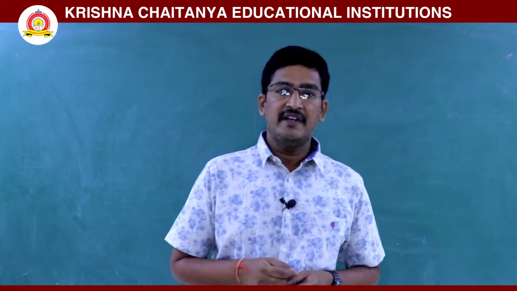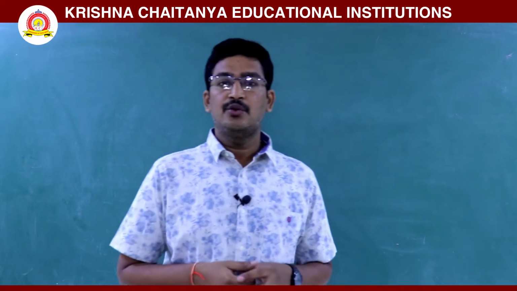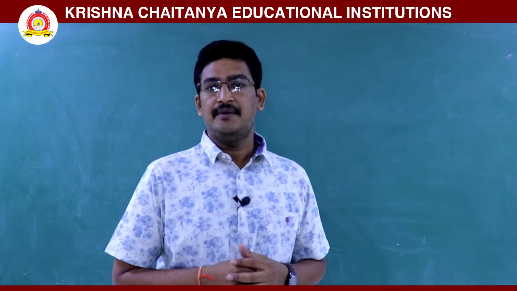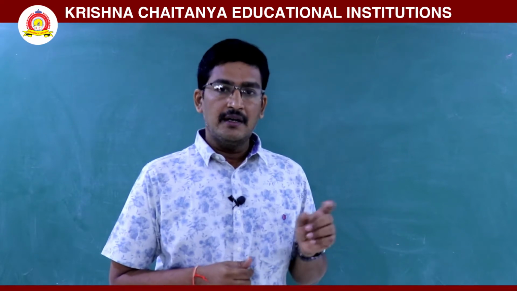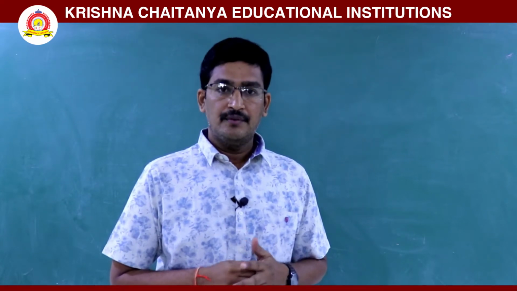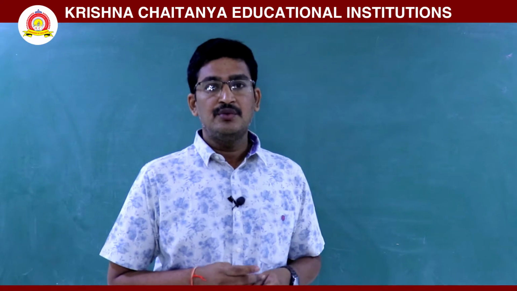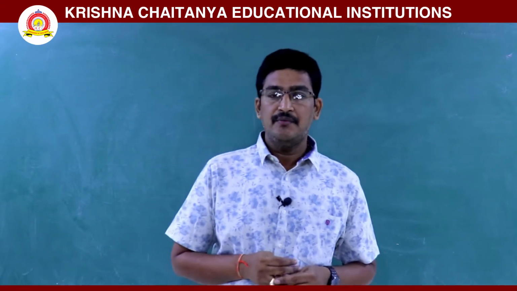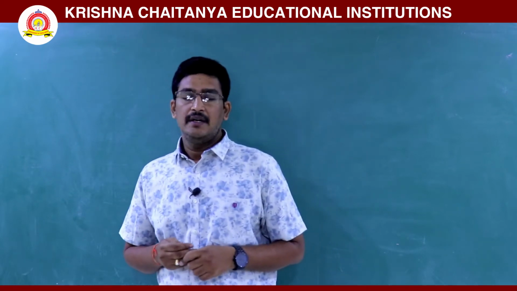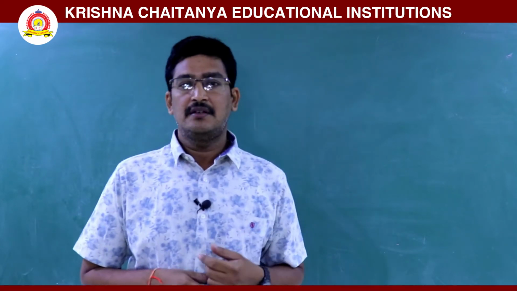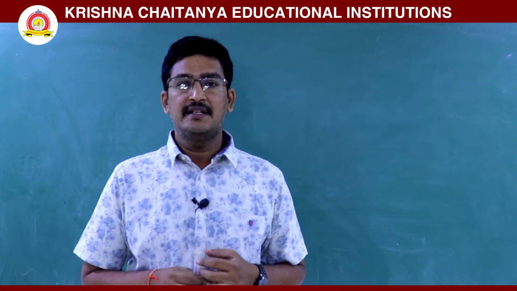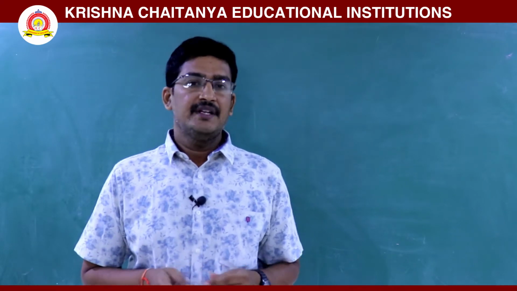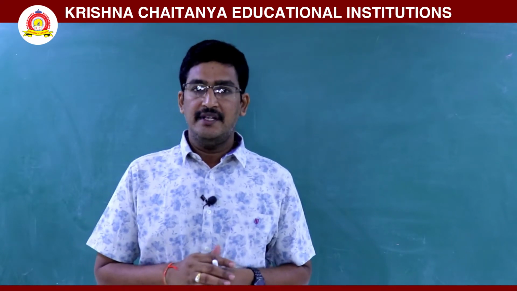What is the graph of y equal to x cube, which is called the cube function, etc. Also, I already explained the absolute value function, which is called the modulus function. I explained that graph also. Also, I explained the signum function graph, the signum function curve. So, let me explain some more graphs today.